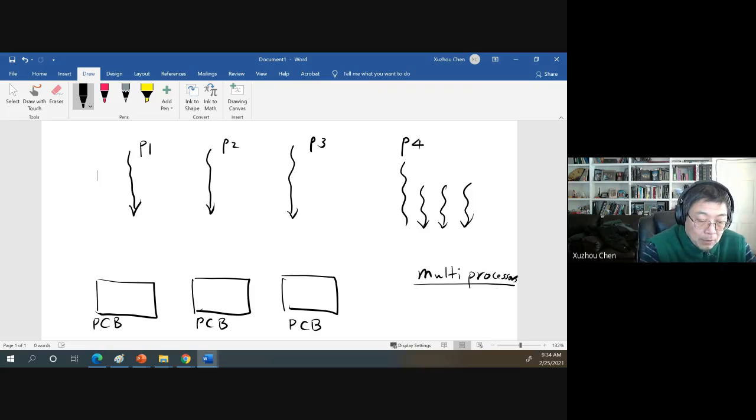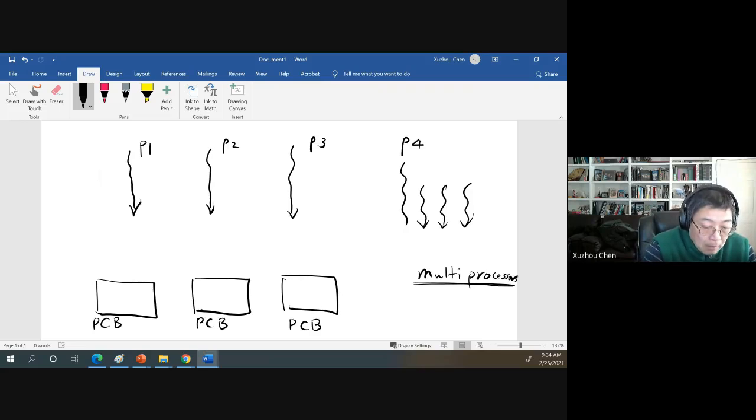This way we can achieve multi-programming. Of course, this is the best way, because you have multiple physical processors to process the different processes.